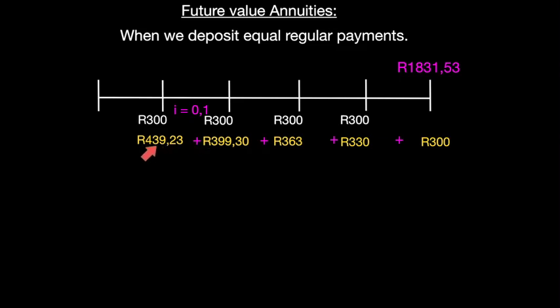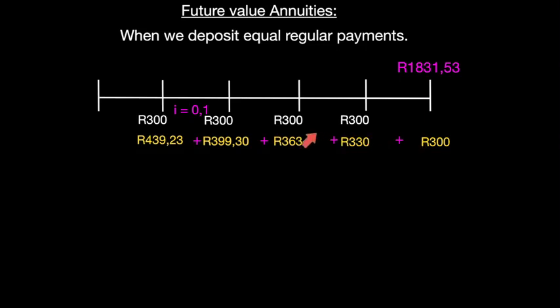So in other words, this 439 Rand and 23 cents is what this 300 Rand became over the life of this future value annuity. And this 300 Rand became 399 Rand and 30 cents, and this one became 363 Rand, and this one became 330 Rand, and then our final payment. So that's how a future value annuity works.